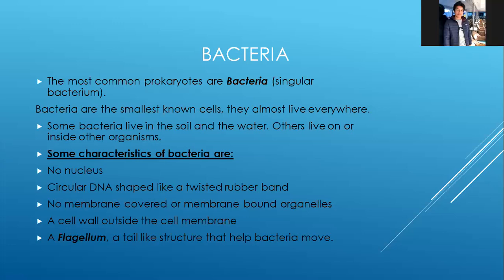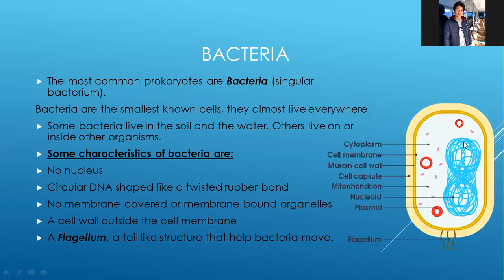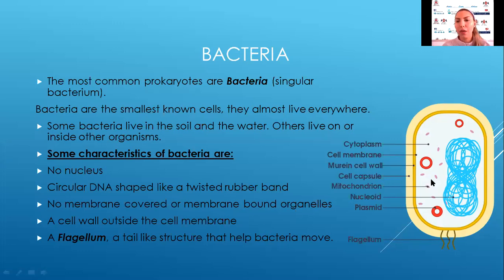And now you can complete some characteristics of bacteria. The characteristics of bacteria are that they don't have a nucleus and their DNA is shaped like a twisted rubber band. It's circular and twisted like rubber. They don't have a membrane or membrane-bound organelles like a nucleus or mitochondria.